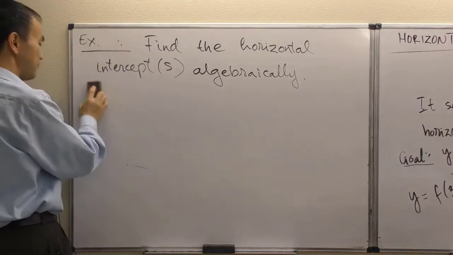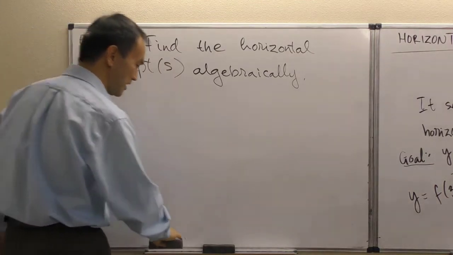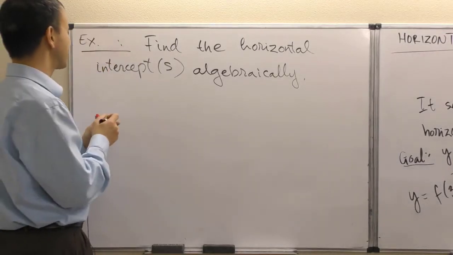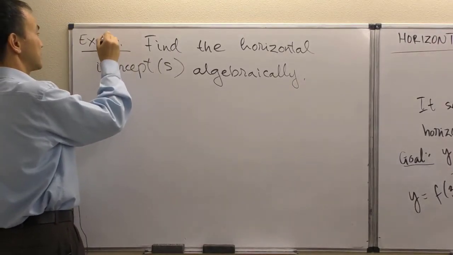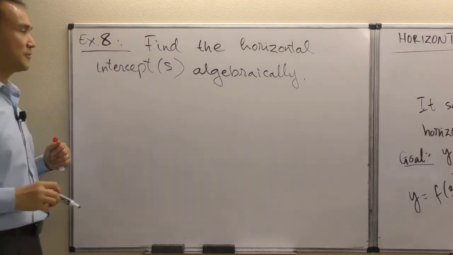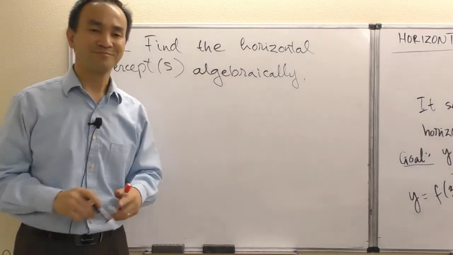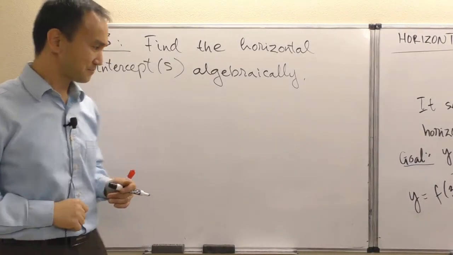Into another example. And we're still finding horizontal intercepts, okay? Let's now call that example 8 right here. Let's find a horizontal intercept algebraically.